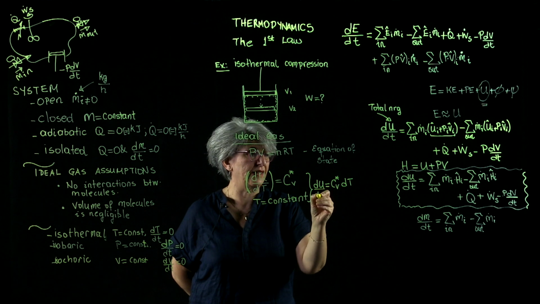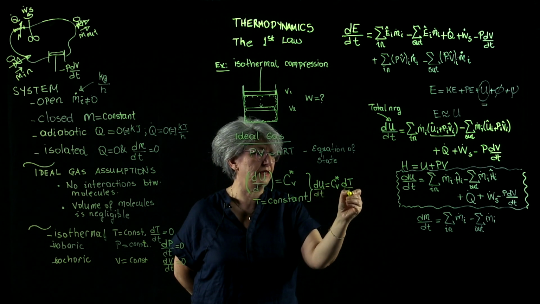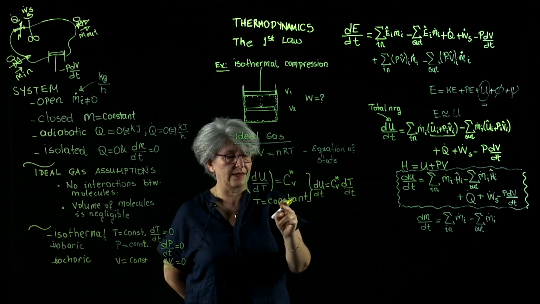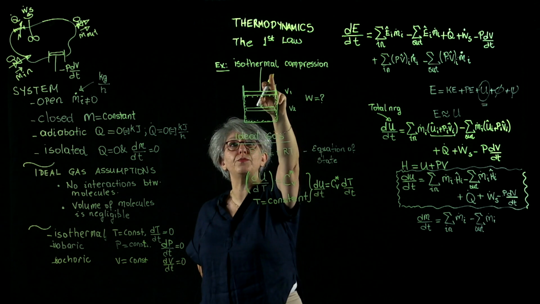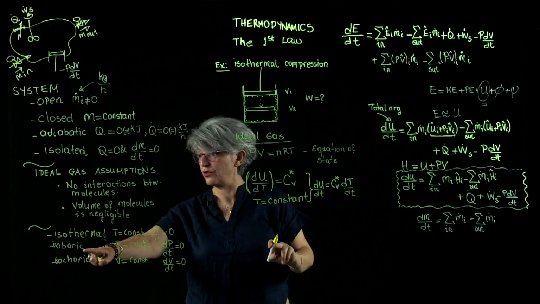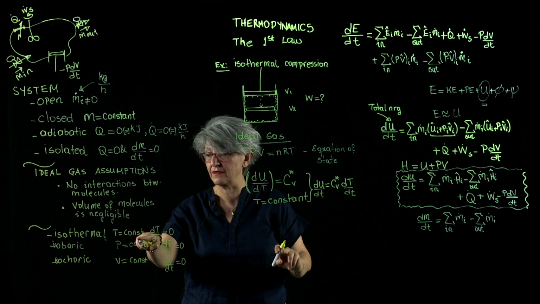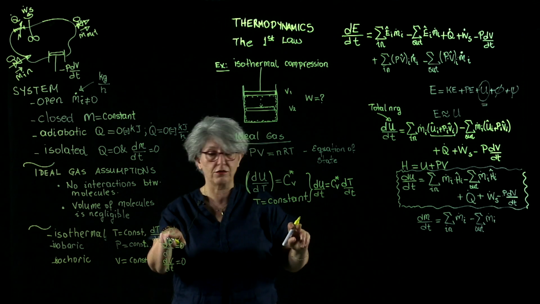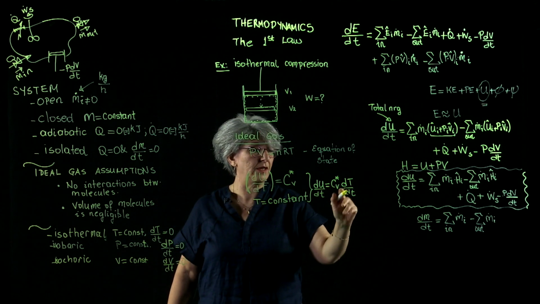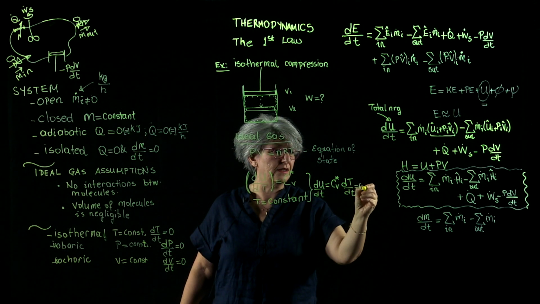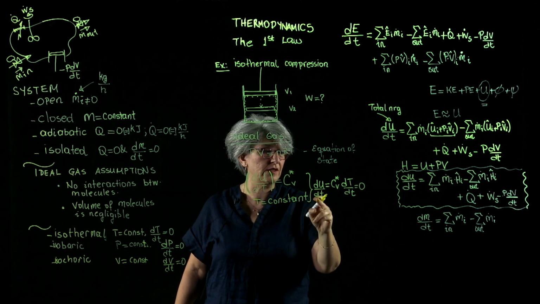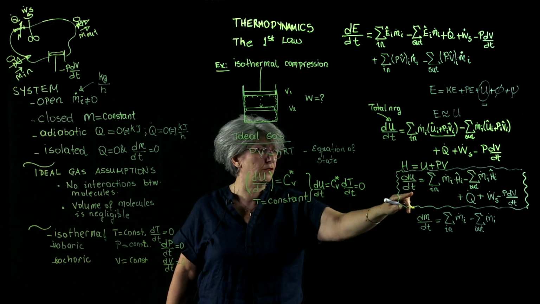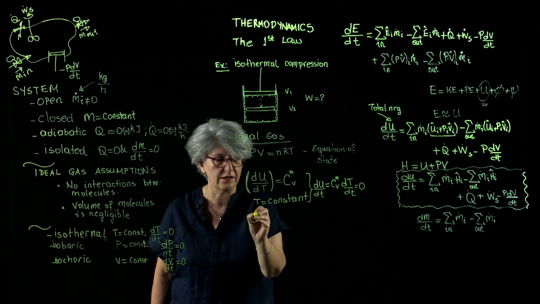Of course, I can divide both sides by dt. This is an isothermal process. Isothermal means temperature is constant. Its time derivative is 0. Therefore, the dU over dt term is 0. So I start by writing 0.